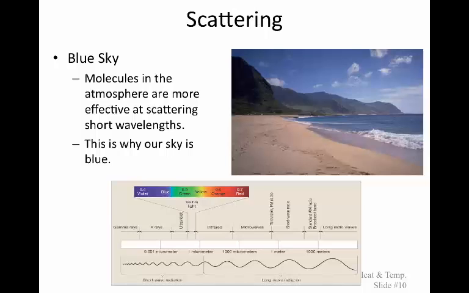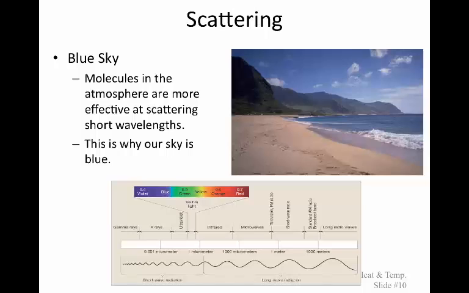And if you look back at the spectrum that I showed you earlier, if you follow my cursor, there is the visible light spectrum, and notice that blue is on the short wavelength part of the visible light spectrum, where the reds and oranges are more on the longer wavelength part of the spectrum.